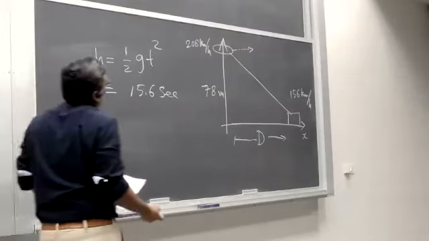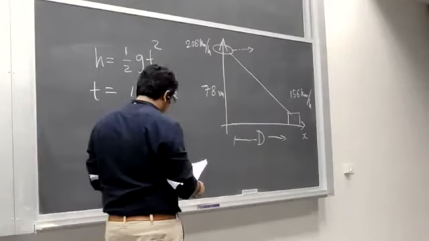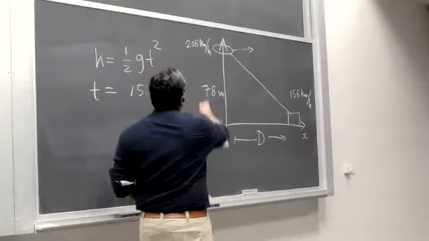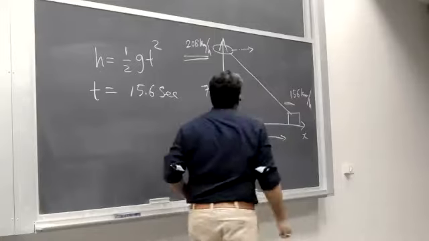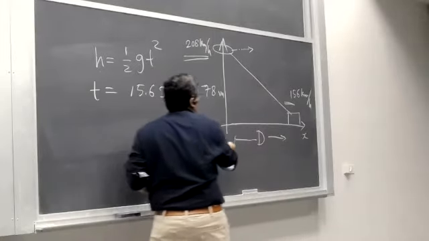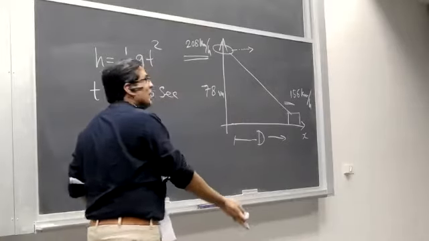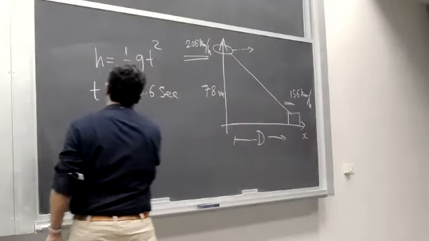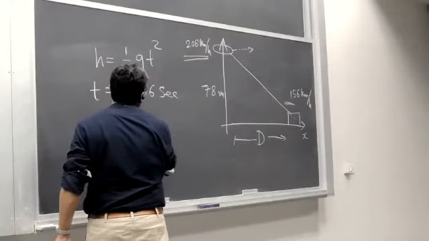And now, the only question is that both of these objects are moving. All we have to figure out is this horizontal distance, and both the objects are moving horizontally. So what is their relative speed? What is V relative? The initial time is not 8.6, that is the square of the time.